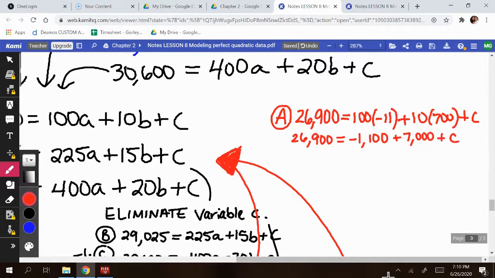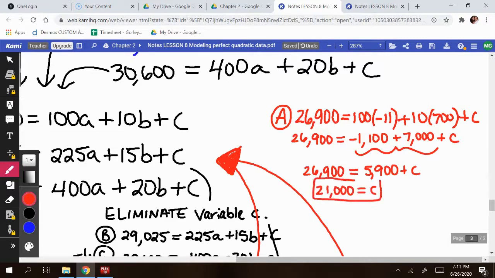Okay, let's combine like terms here. What's 7,000 minus 1,100? That's going to end up being 5,900. Okay, and if I subtract 5,900 from both sides, we end up getting 21,000 as our C value.